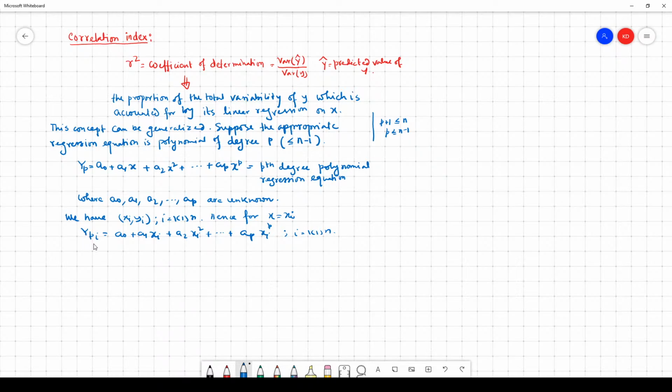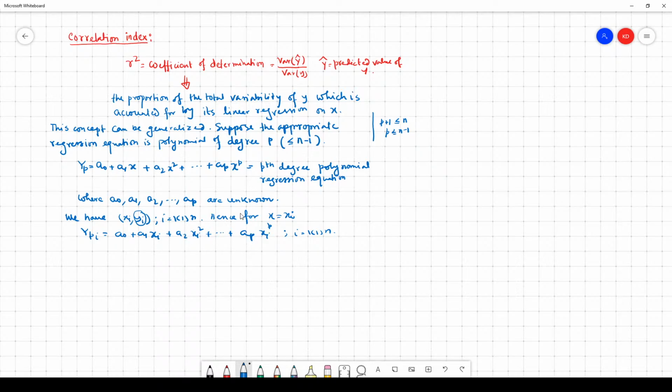So we can use capital Ypi as a predictor of small yi, or small yi, which is the observed value, can be estimated by capital Ypi, provided a0, a1, a2, ap are known.